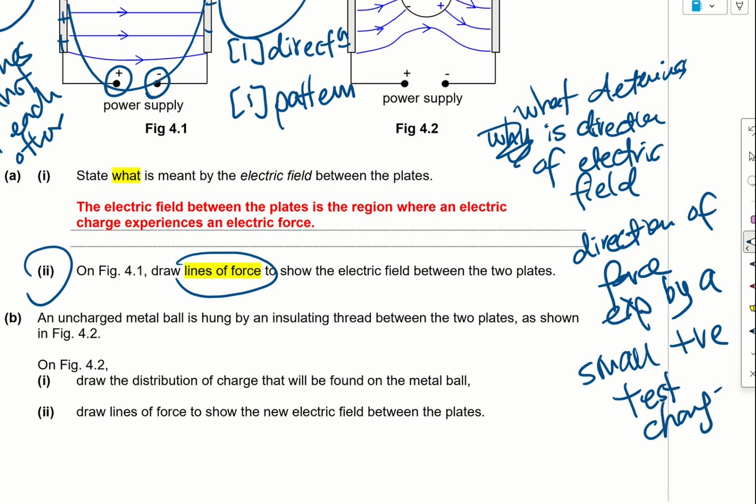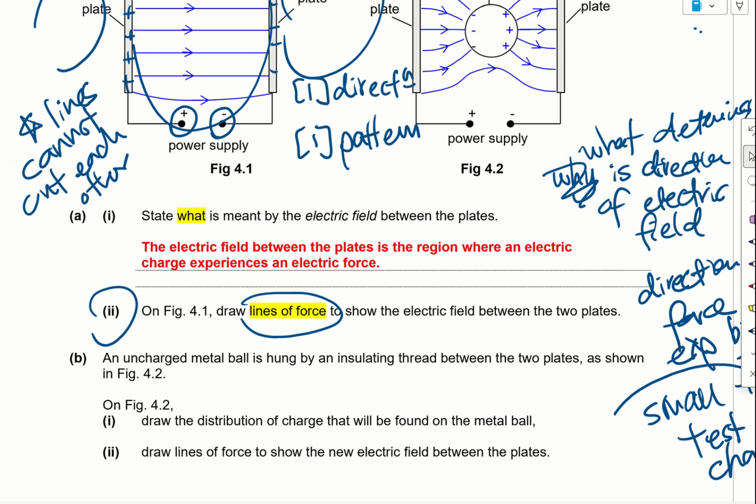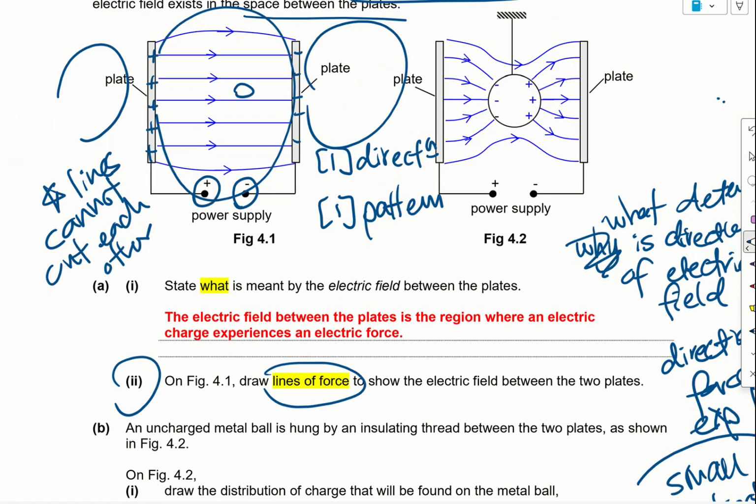So now if I have a small positive test charge here, the direction of the force that this small positive test charge will be is to the right, because it is attracted to the right plate, which is negatively charged, as unlike charges attract. It will be repelled by the positively charged left hand side plate, right? So the direction of the force will be the direction of the electric field.